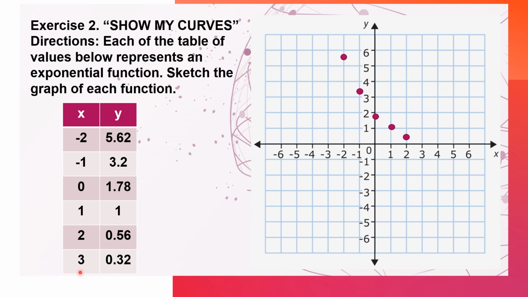And the last, 3, 0.32. 3, 0.32, somewhere here. So connecting all the points, we have this curve. So this is now the graph of our function.